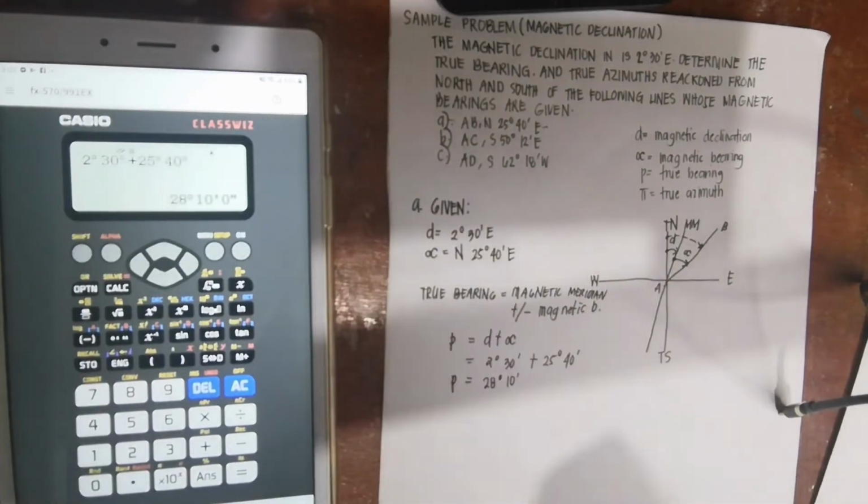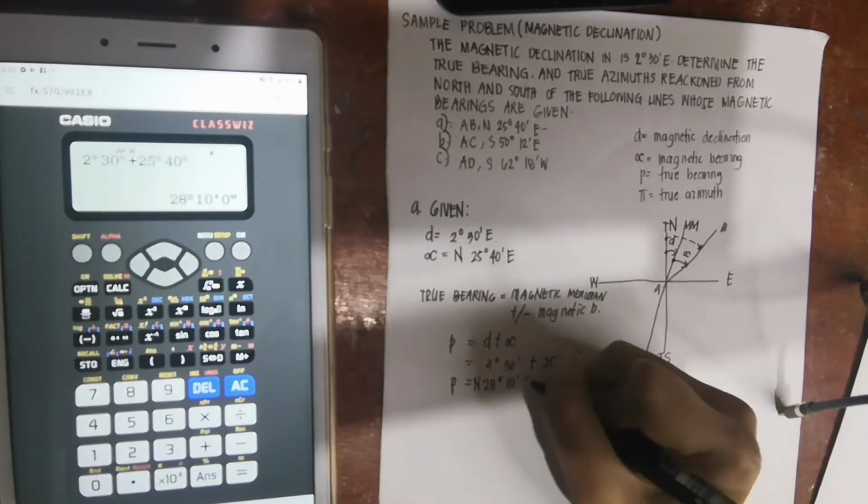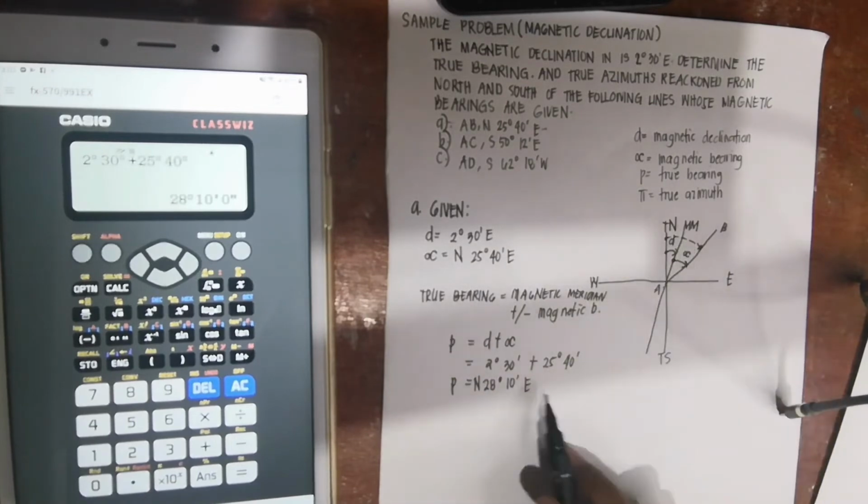So this is our true bearing. Let me label it: north, east.